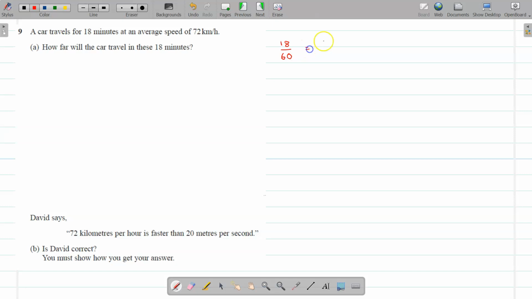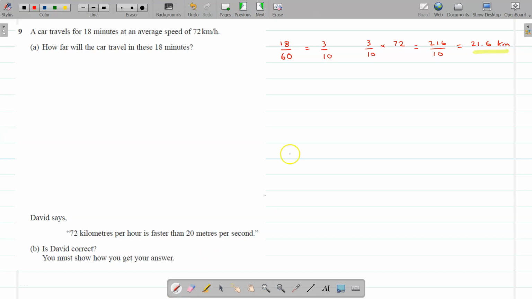That's useful because what I can do now is just take the 72 and multiply it by 3/10, and that gives me, well, if I times it by 3, I get 216. So it's 216 over 10, which is 21.6. And it's 21.6 kilometers. So that's the first part.